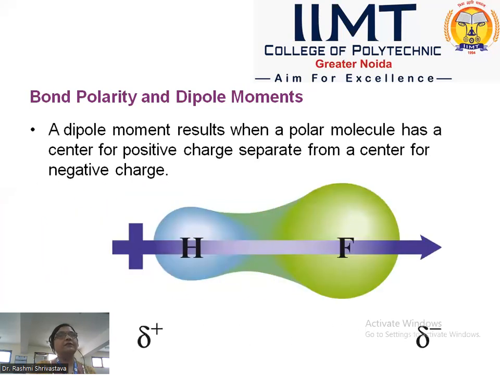If one atom is very low in electronegativity and the other is highly electronegative, then partial positive and partial negative charges develop at the extreme ends of the compound, and thus a dipole moment results, with a center of positive charge separate from a center of negative charge.